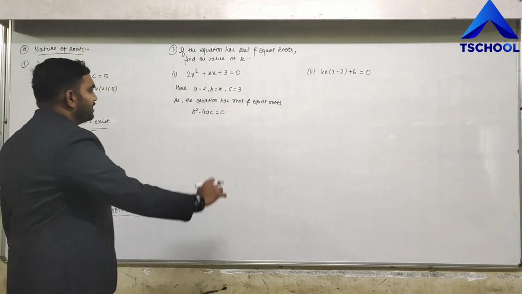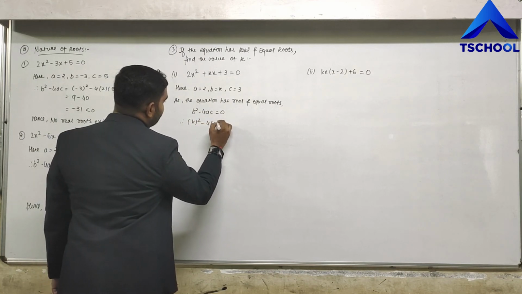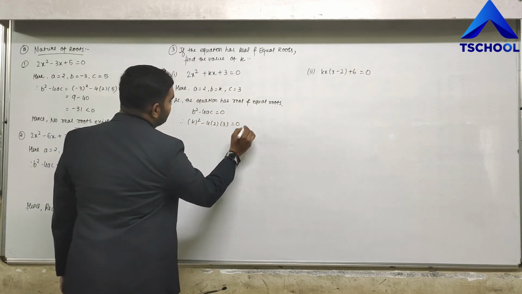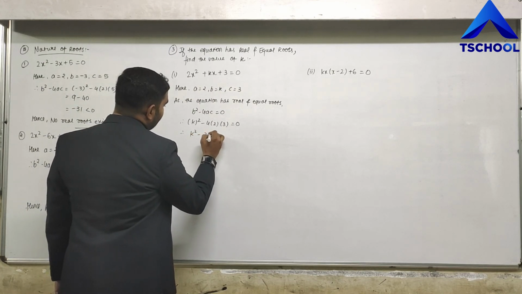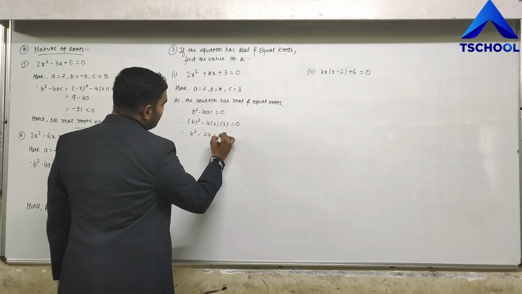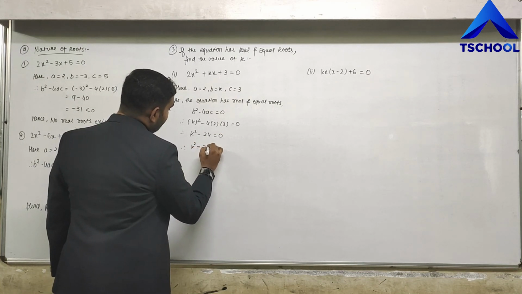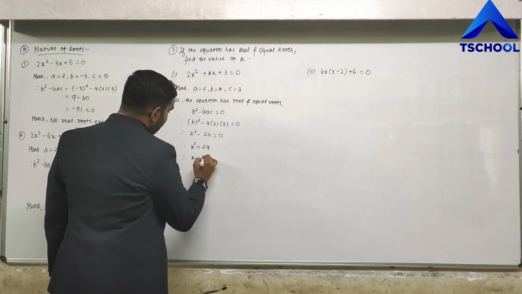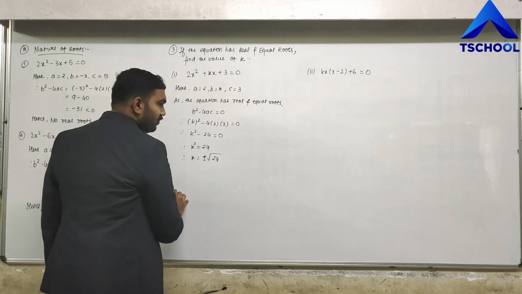Therefore k² − 4 × 2 × 3 is equal to 0. Therefore k² − 24 is equal to 0. Hence k² is equal to 24 and k is equal to plus or minus root 24, right?